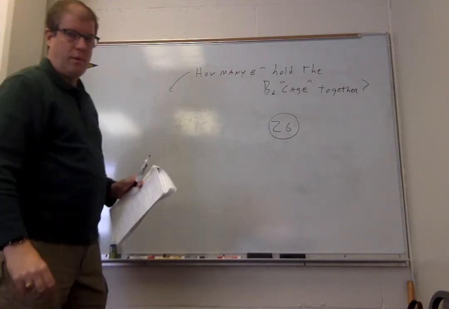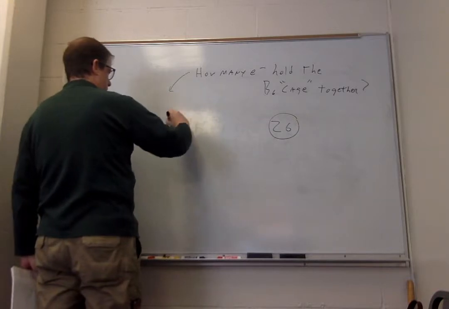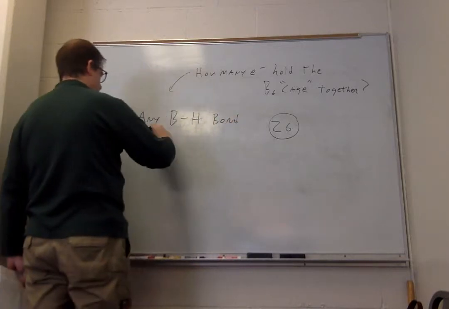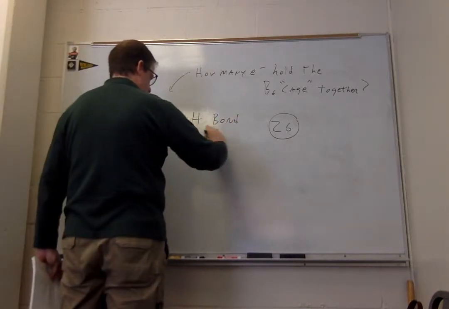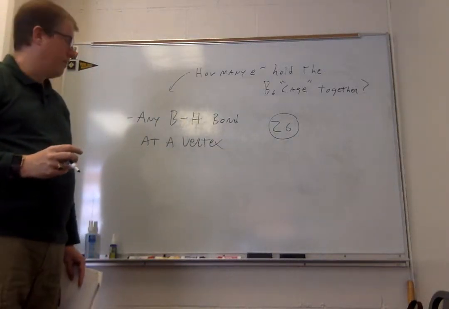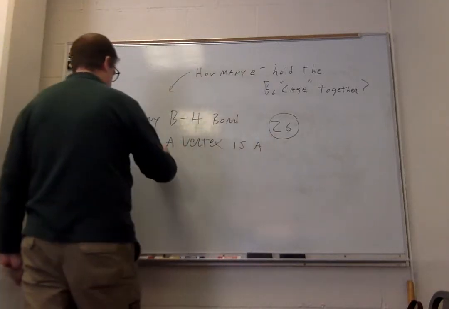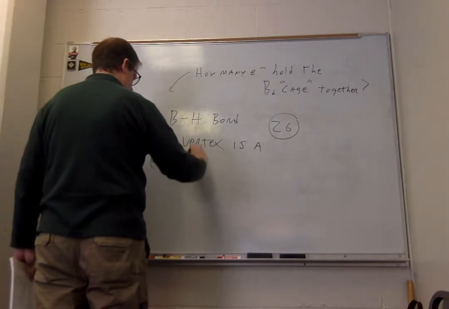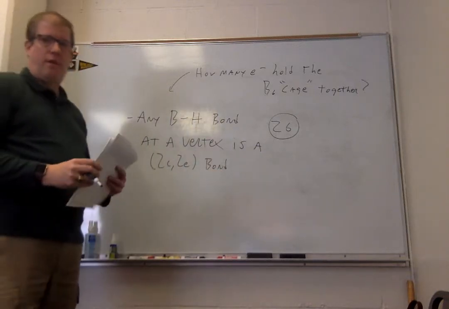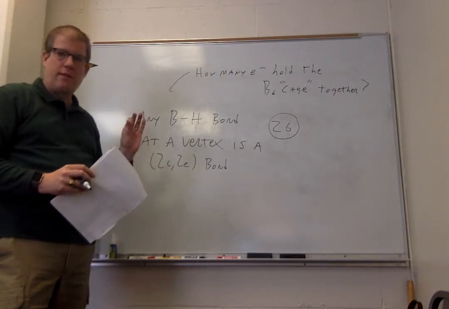And we can do that if we understand that any boron-hydrogen bond at a vertex is a normal two-center, two-electron bond. So just like a carbon-hydrogen bond, exact same thing.